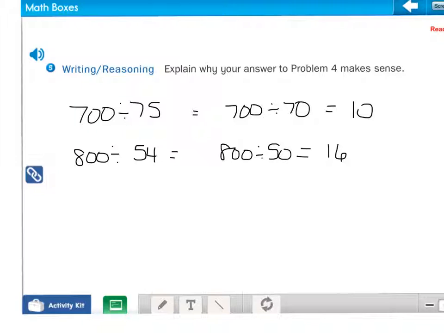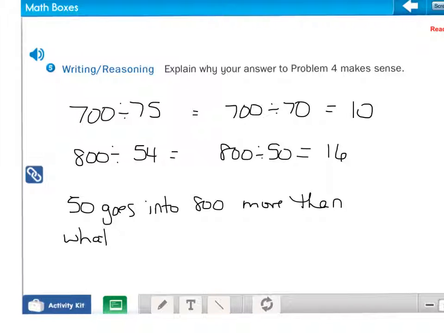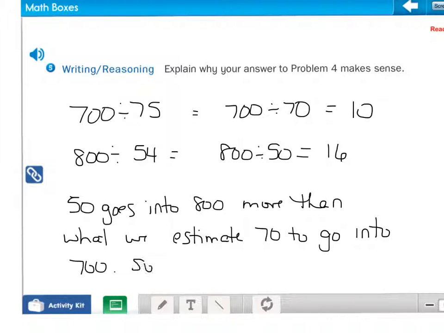So we know that 50 goes into 800 more than what we estimated 70 to go into 700. So 800 divided by 54 has a greater, and again using that math vocabulary, quotient.